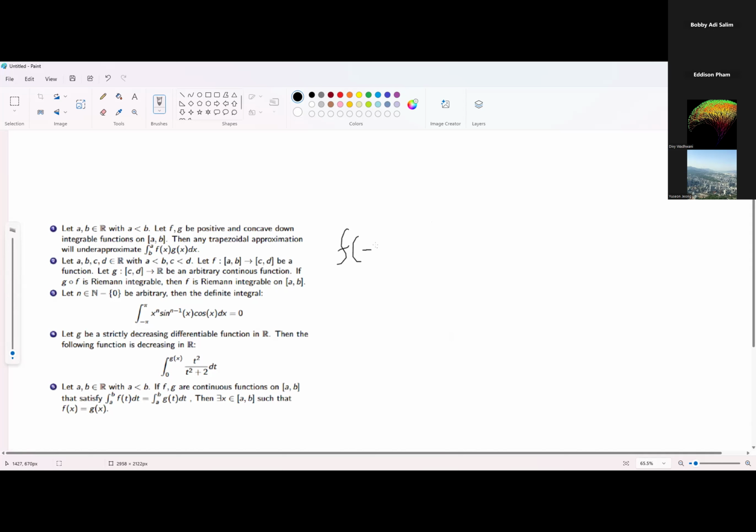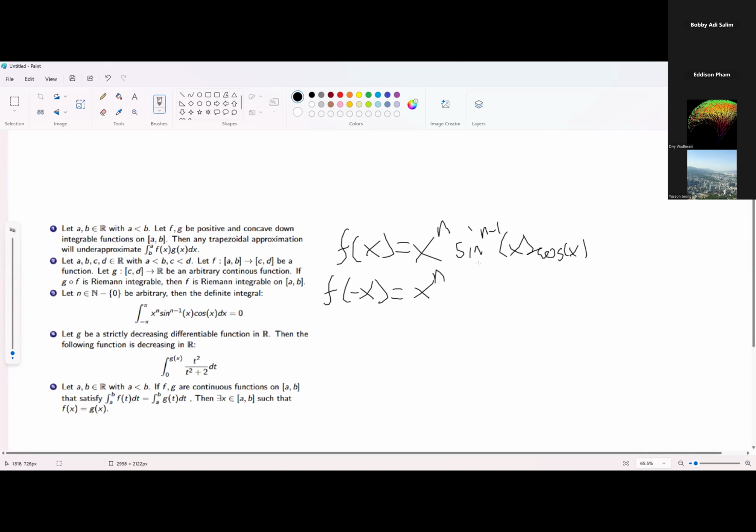So the intuition is that if we define f at x equals x to the n, sine to the n minus 1 of x, cosine of x. Sorry, this is a little choppy. I'm doing all this writing with the mouse. If we do f at negative x, let's say n was even, right? Let's say n was even, then clearly this remains the same. If n is even, then n minus 1 is odd.